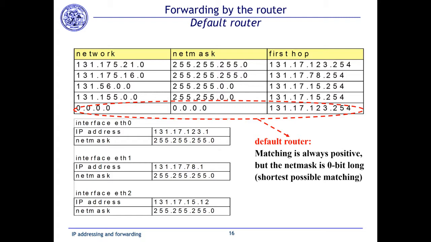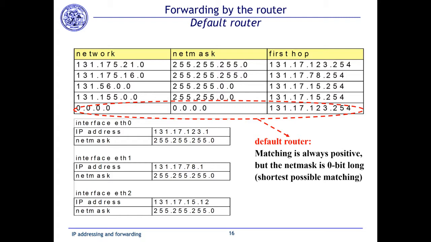What is the meaning of these two pairs of address and net mask? Since you have a net mask of length 0, by convention it means that this line will match with any IP address of all packets. Okay, so all the packets always match with this line.